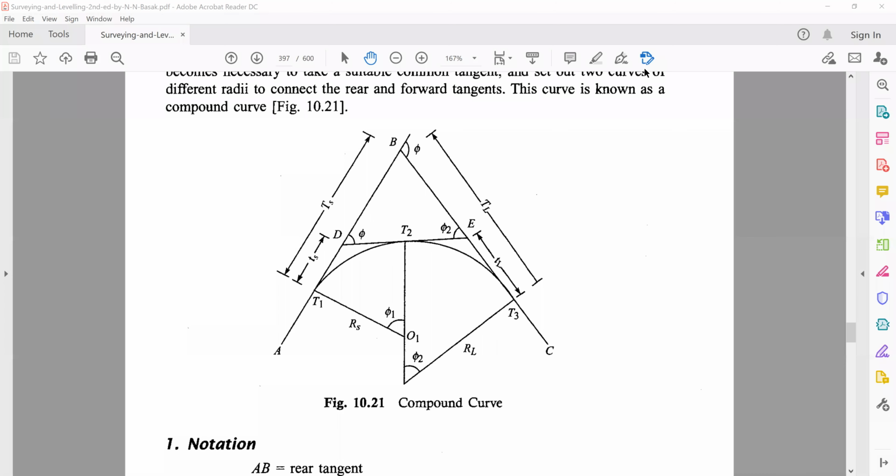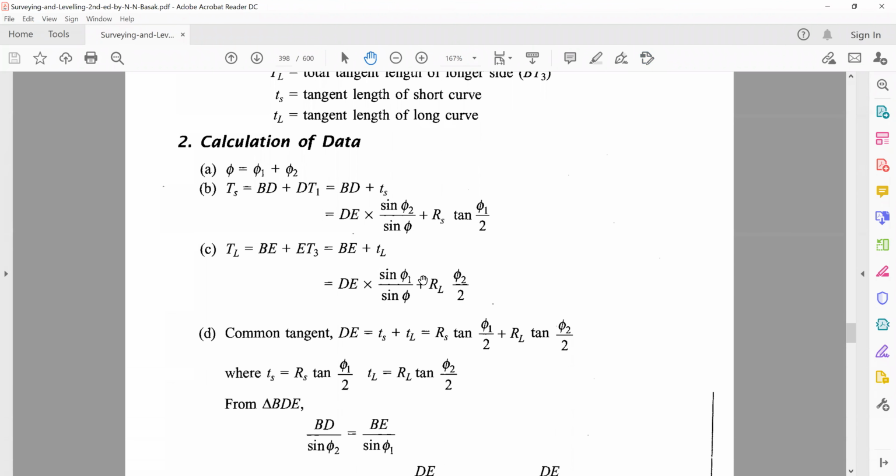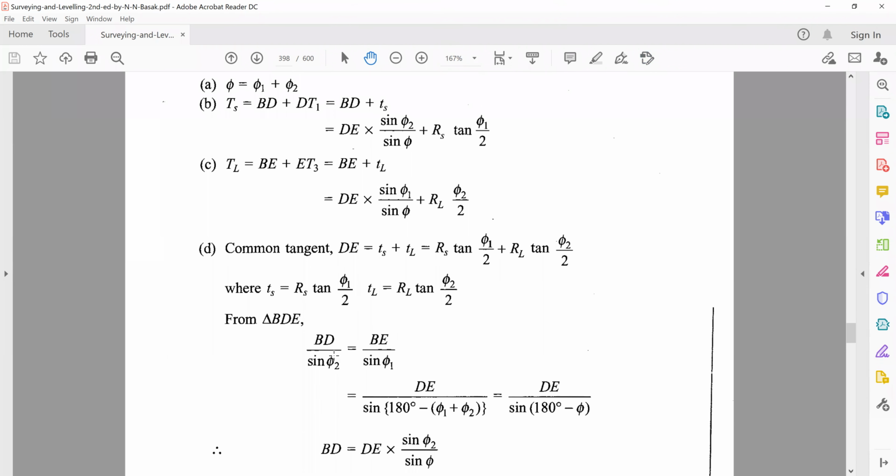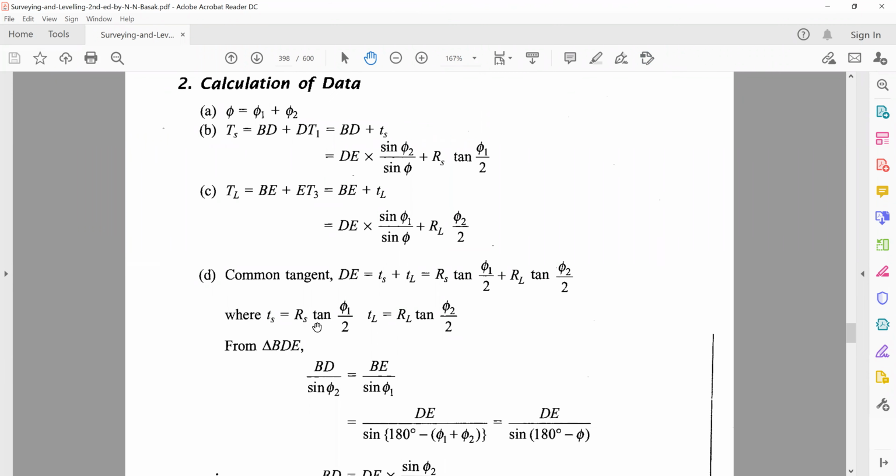Okay, then we have, they're using this triangle BDE. Basically, what they are trying to find out is the tangent lengths of the combined curves. And for that, like I wrote the equation before, you have the tangent length of the individual simple circular curves, plus you need to add some distance.